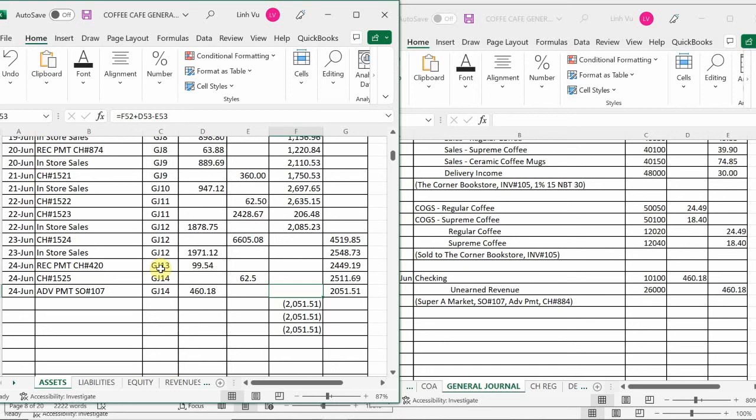No. Okay, do we do accounts receivable? What do you mean by accounts receivable? We go into the Super A Market. Good. That is called the subsidiary ledger. We need to update the customer profile, right? Because they gave me an advance payment.